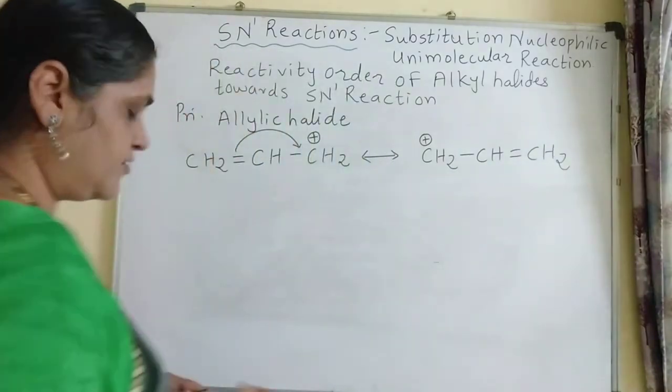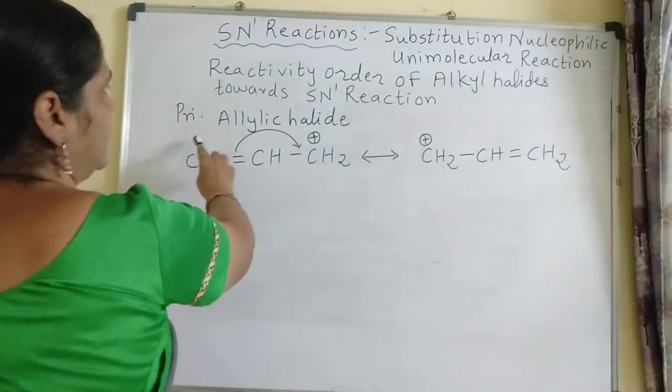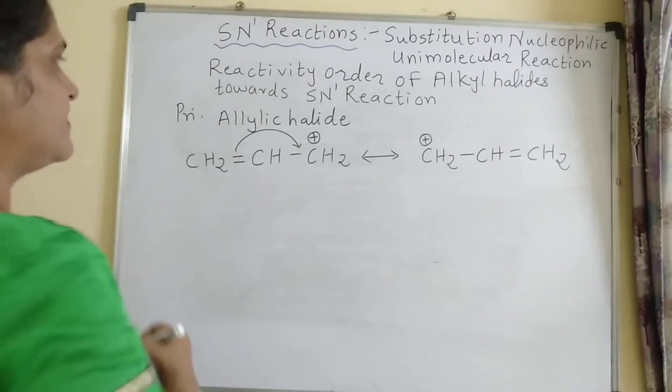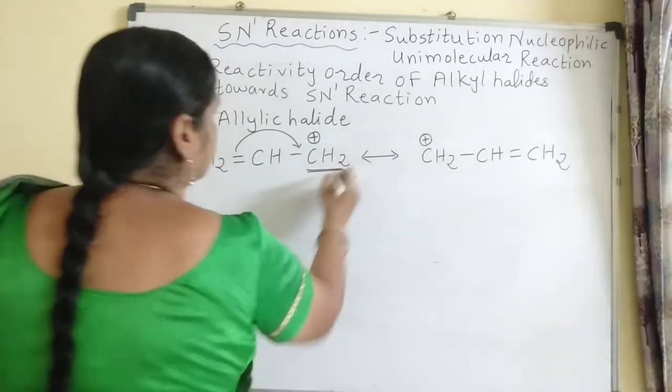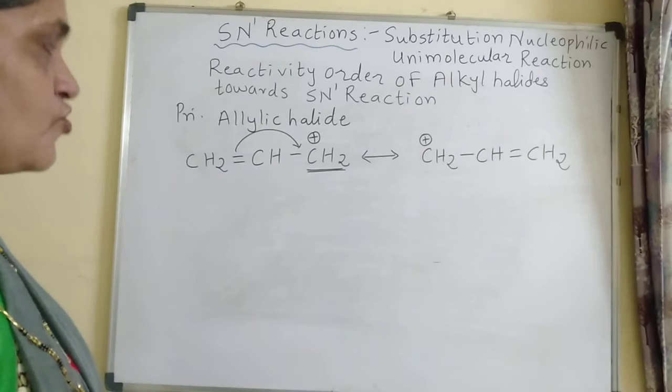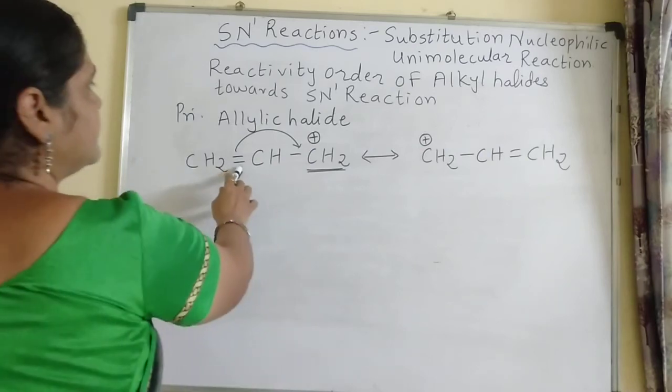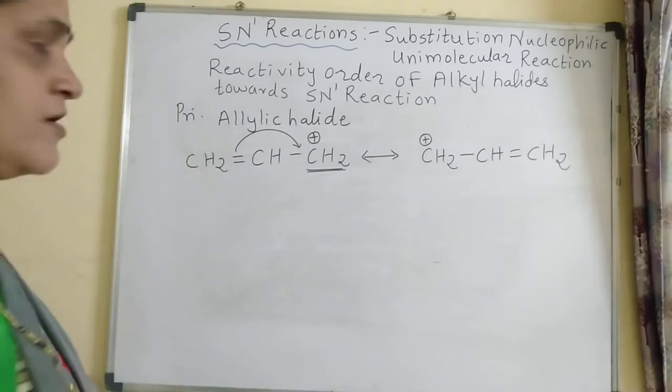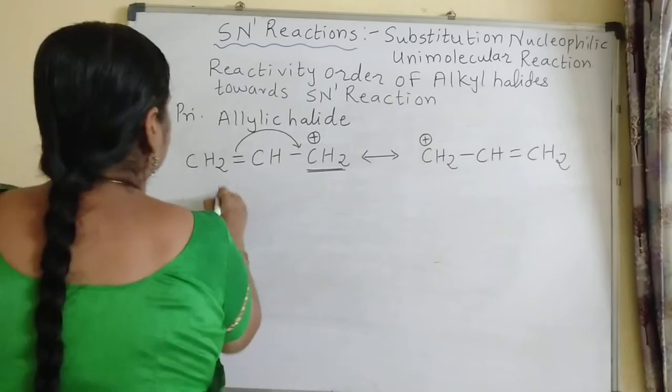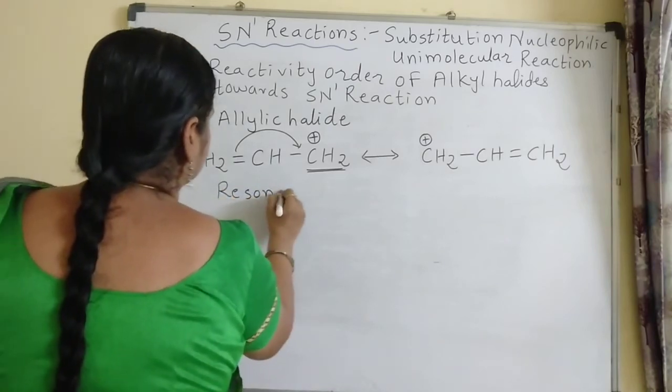Now you can see over here, this is the primary allylic halide. It is forming this carbocation, right? Now this carbocation will show resonance effect with the pi electron of the double bond. So you will get a resonance stabilization.